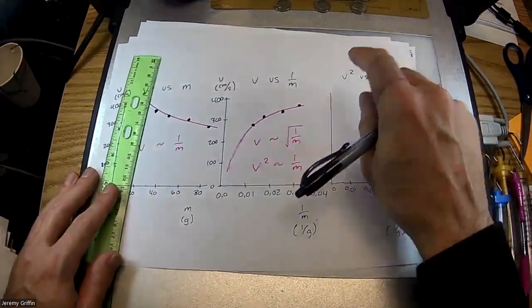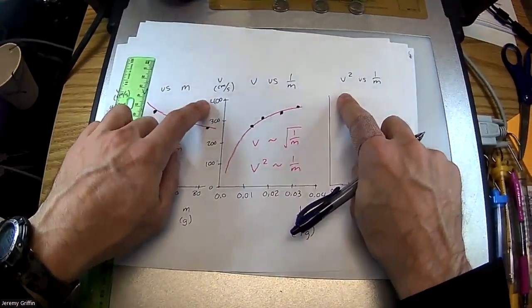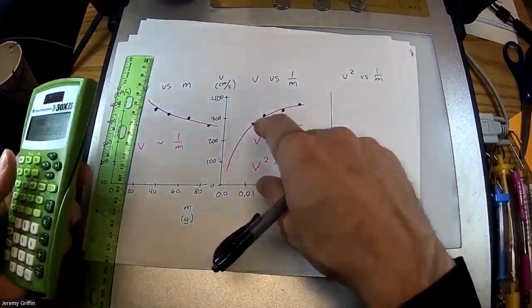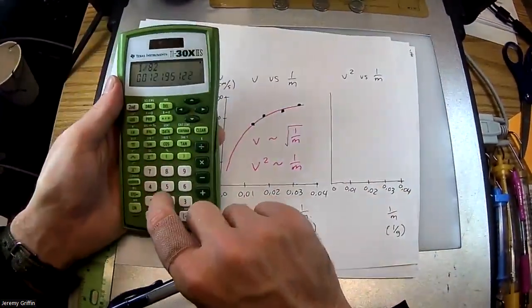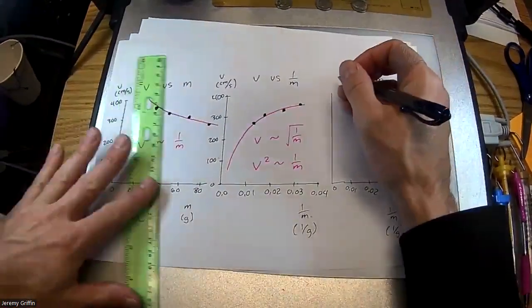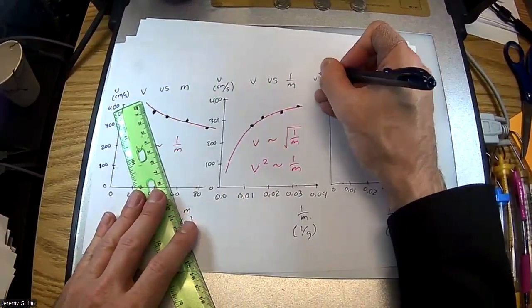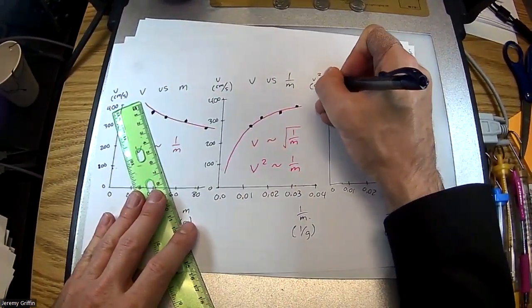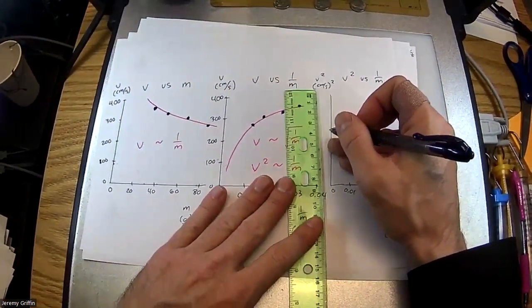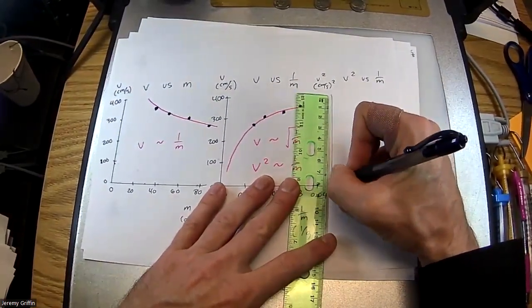Now these values squared, if you did meters per second, you'd get more manageable, smaller numbers. These will just be large numbers, but that's okay. 400 squared is like 160,000. So I'll just make the speed squared in centimeters per second squared go up to 160,000.